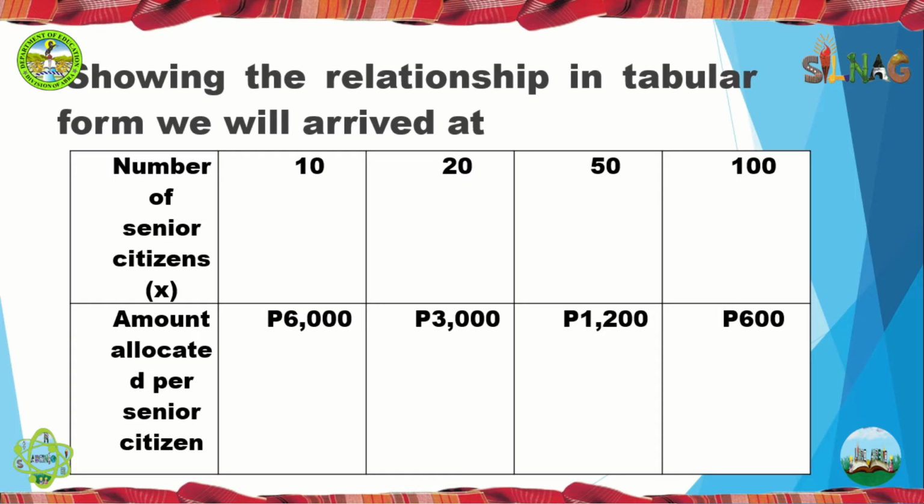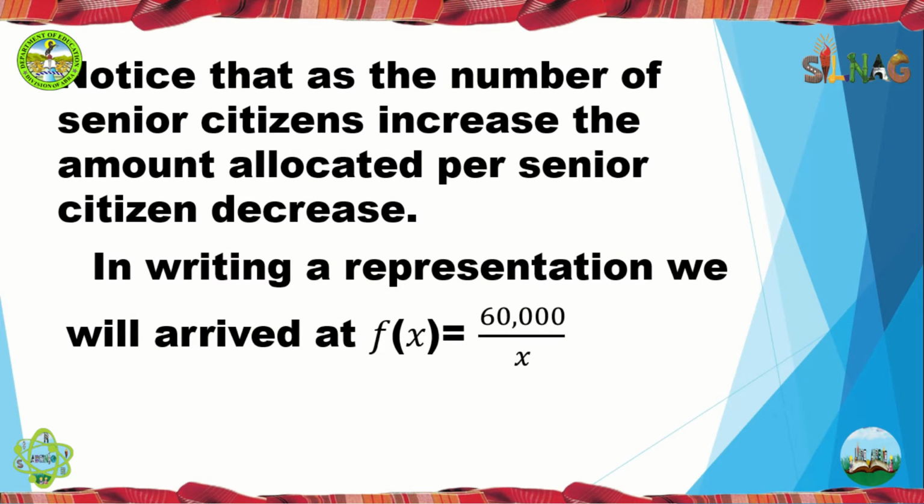And if we have 100 senior citizens, then the amount allocated per senior citizen is 600 pesos. Notice that as the number of senior citizens increases, the amount allocated per senior citizen decreases. In writing a representation, we will arrive at f of x is equal to 60,000 over x.